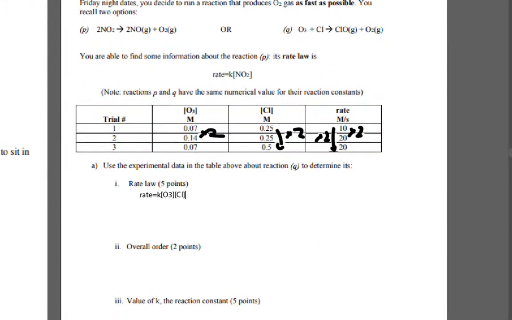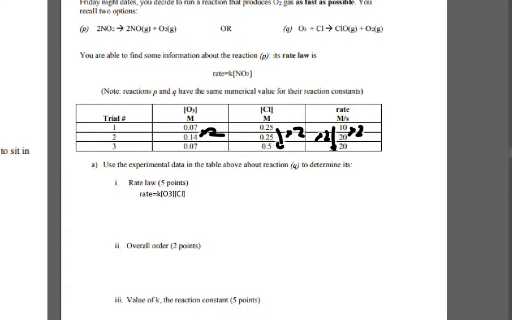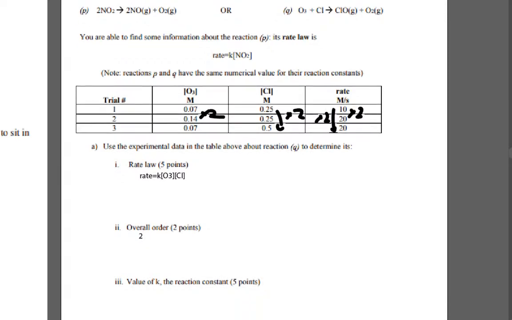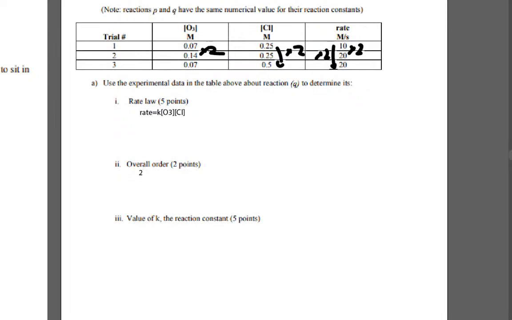Okay, part 2. Overall order. The overall order would be 2, because it's 1 plus 1, logically. The value of k, the rate constant. Ooh. This is something that I really hate, but we need to do that. So we just need to find what k is. That's 10 divided by 0.07 multiplied by 0.25.